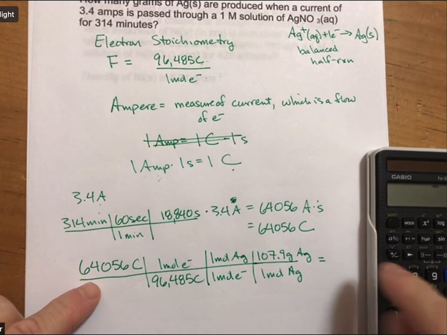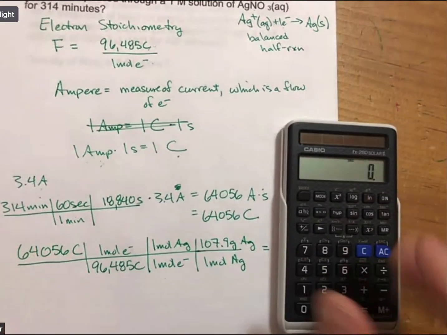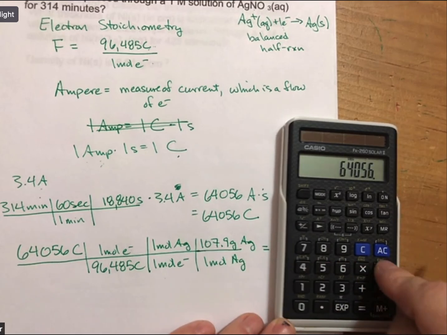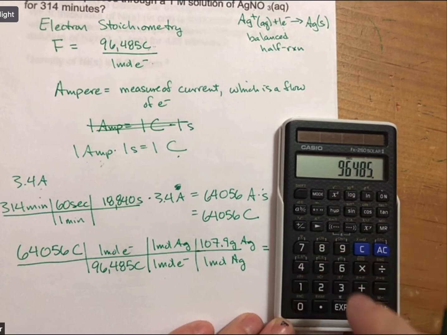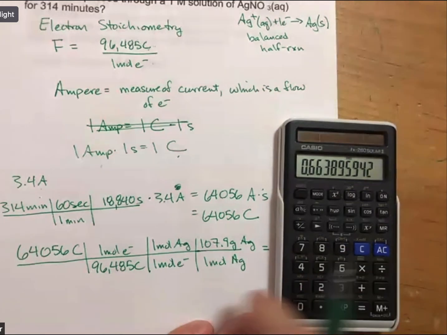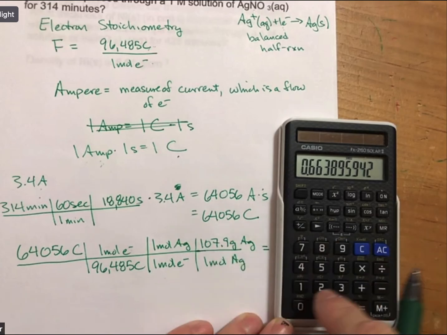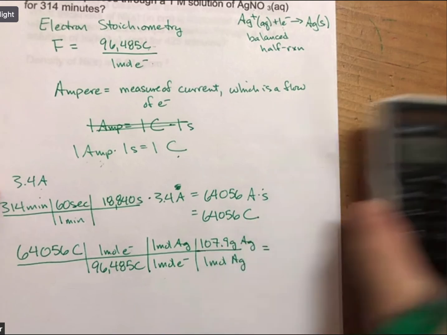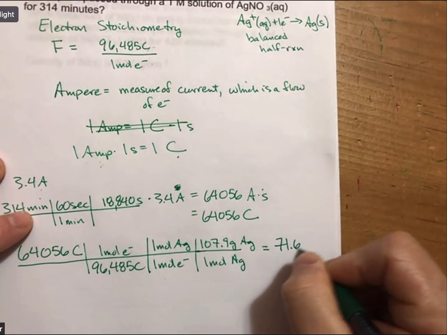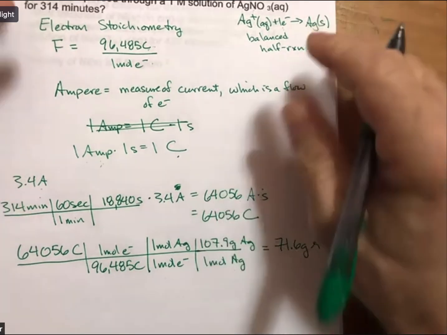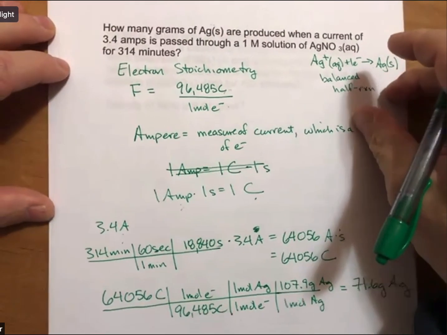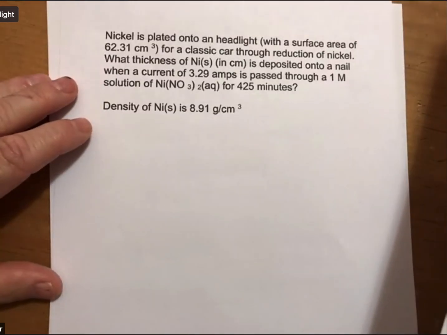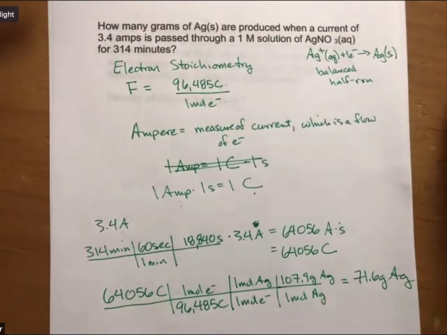And now I'm going to multiply this out. 64,056 divided by 96,485 times 1 over 1, but then just times 107.9. I get 71.6 grams of silver. And one more question, but any questions about this one?